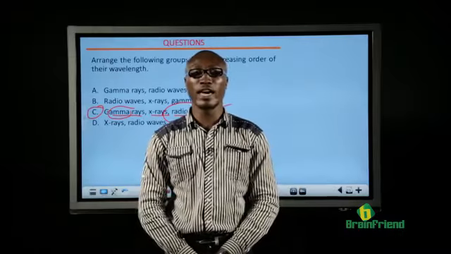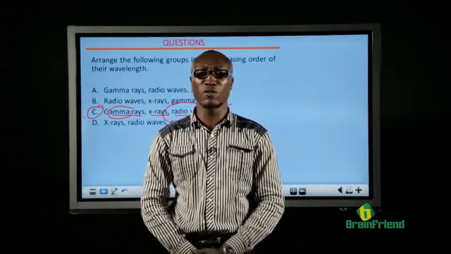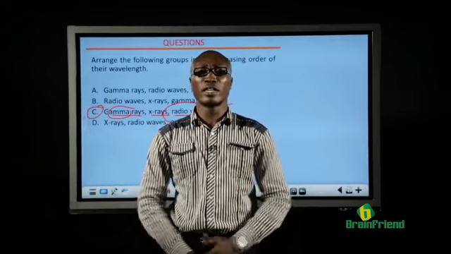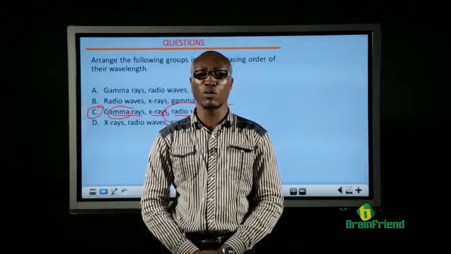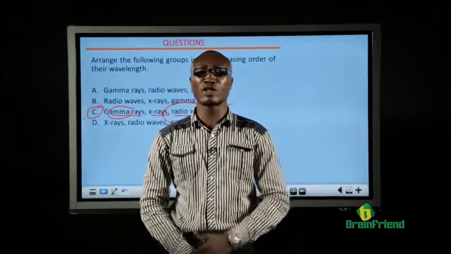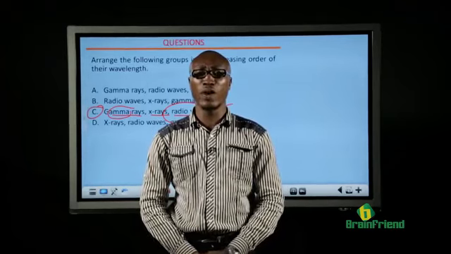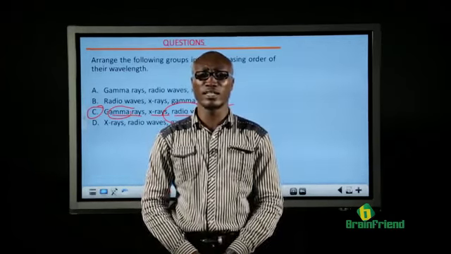We have come to the end of this lesson, and we should be able to understand the difference between electromagnetic and mechanical wave, the symbol C, which represents the speed of electromagnetic wave, and also the electromagnetic spectrum in order of increasing wavelength. Thank you very much, and see you in the next class.